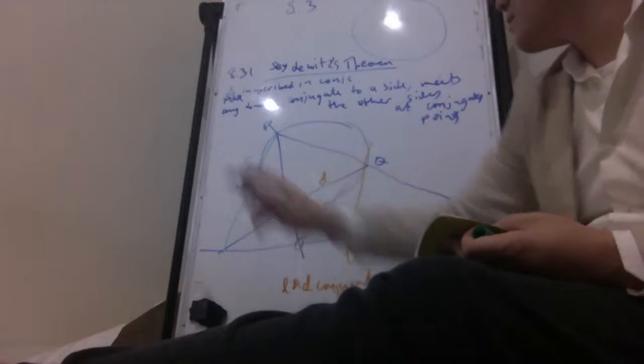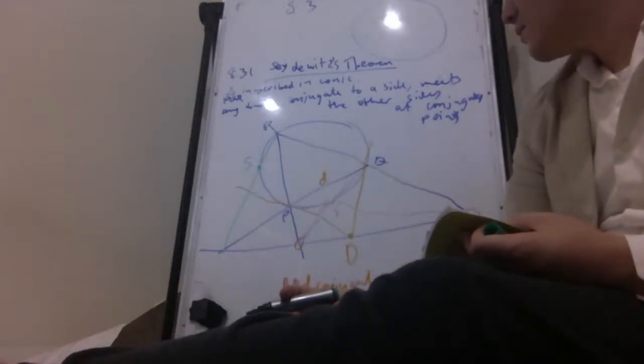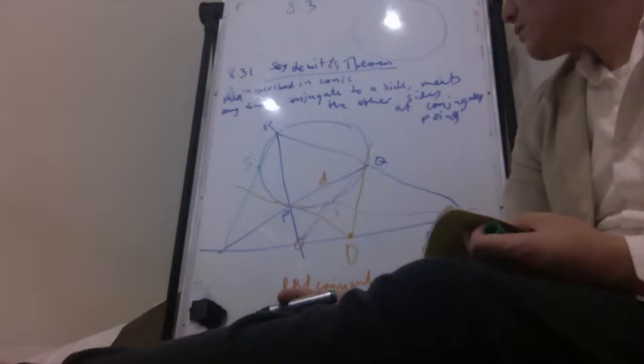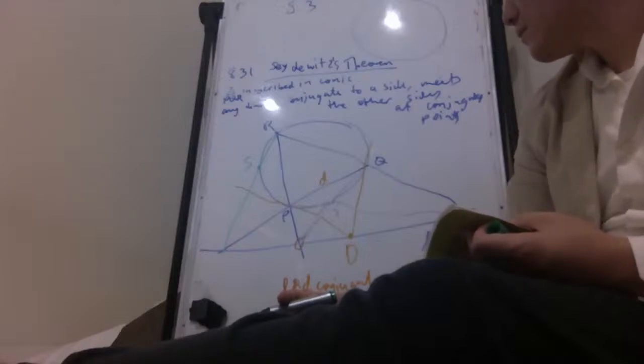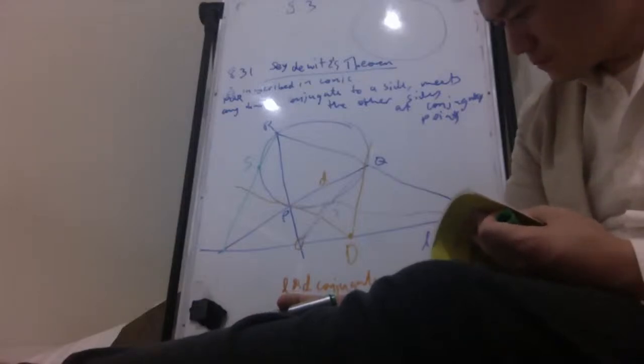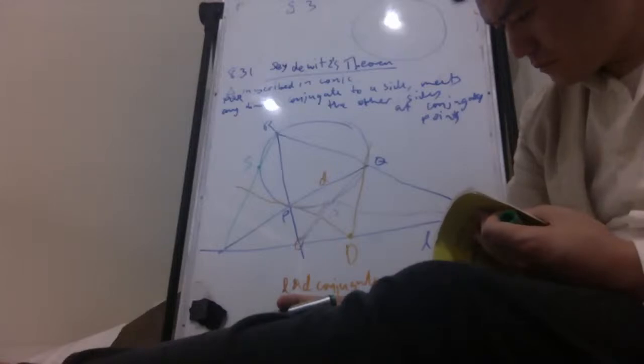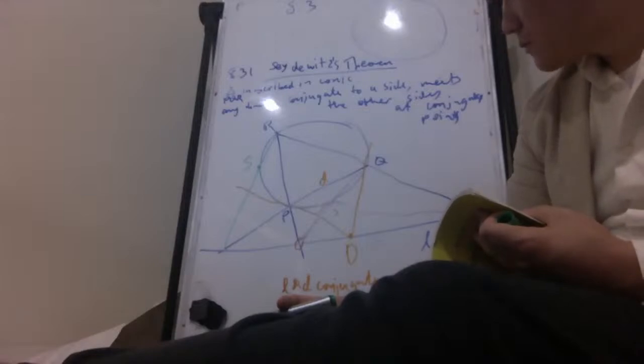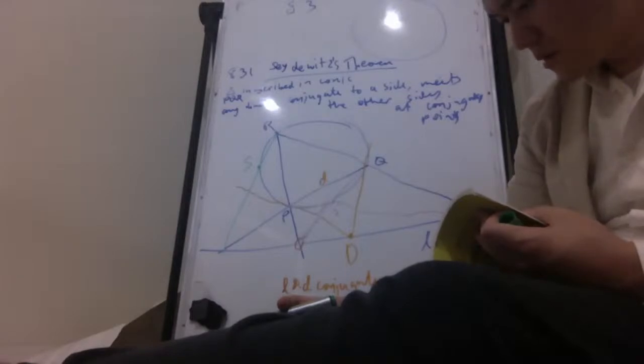This would be S. Any line conjugate to PQ is the polar of some point C on PQ.